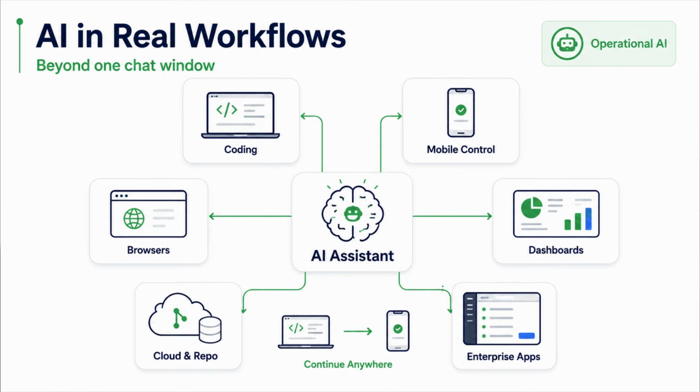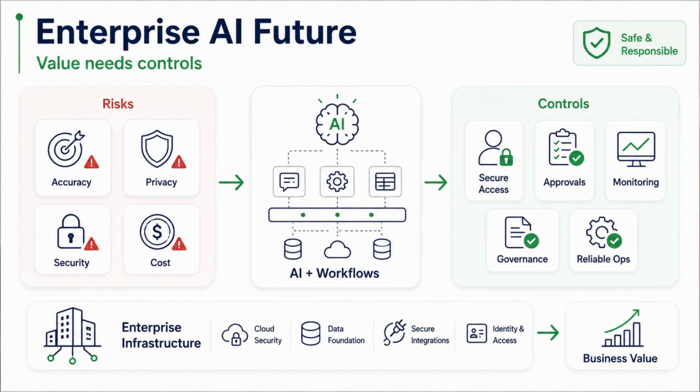enterprise system. But we should also keep the message realistic and balanced, because successful AI adoption is not only about using the newest or the most powerful model. The same challenges we discussed throughout the series will continue to matter, including accuracy, trust, security, governance, privacy, and the operational cost.